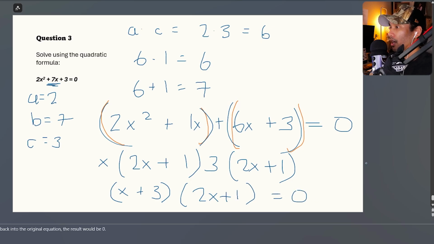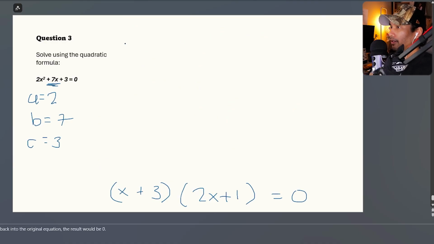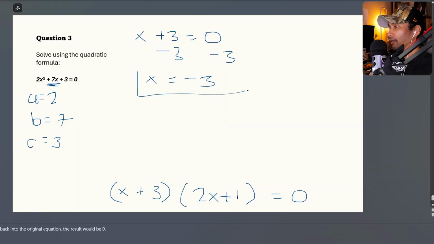Again, it equals 0. We're not done yet, but these are the factors that we want. And then we solve. So x plus 3 equals 0, minus 3, x equals minus 3.